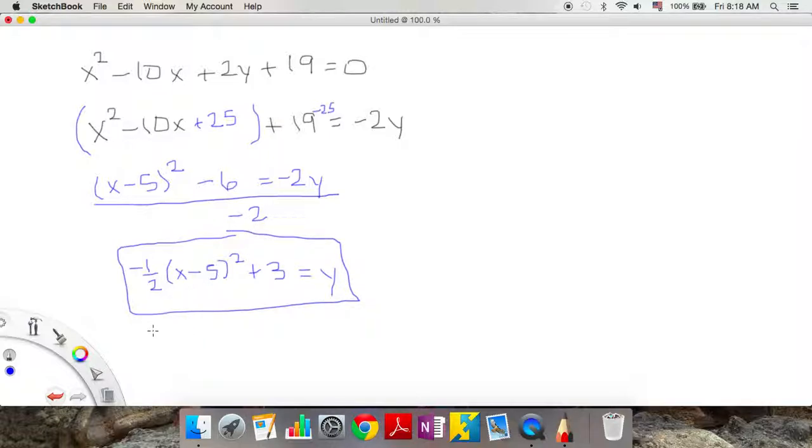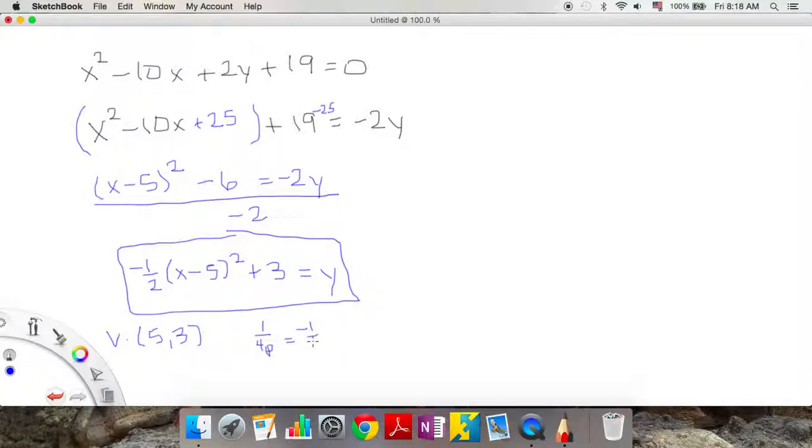Well, what does that tell us? That tells us our vertex is at 5, 3, because this is our h. Remember, x minus h plus k. So our vertex is at 5, 3. Now we can also solve for our p so that we can find our focus and our directrix here and know whether it opens down or up. So we look at this and we know that that is 1 over 4p.